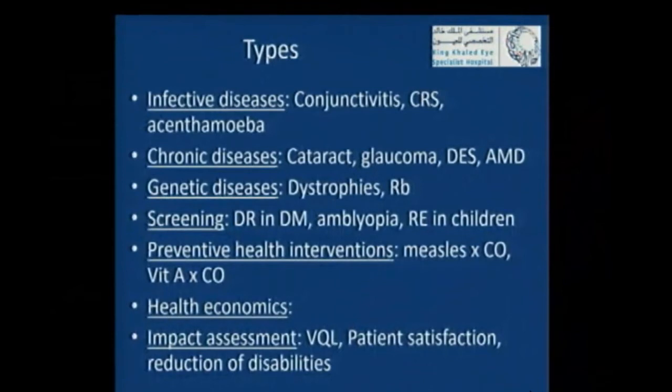In chronic disease, which is the major part of our ophthalmic age-related diseases like cataract, glaucoma, dry eye syndrome, and age-related macular degeneration, patients live longer with this disease, and because of that, the burden of the disease is much, much higher, and their epidemiology is different than infectious disease.